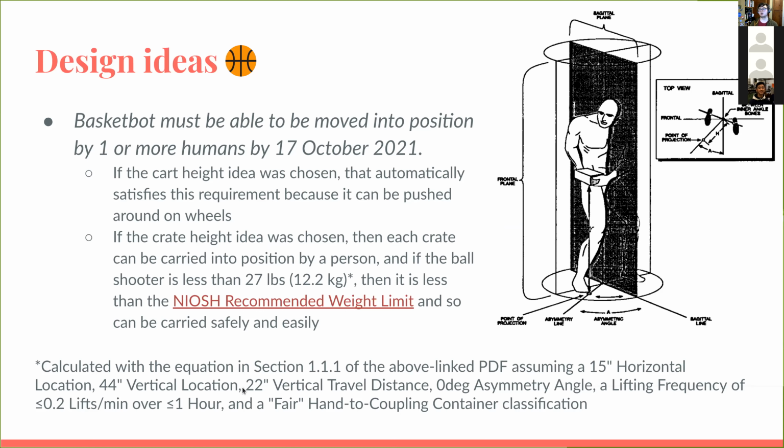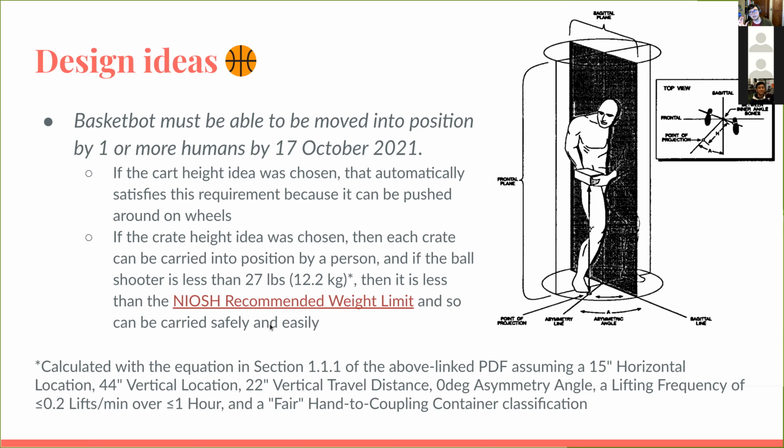Based on the geometry of the person lifting, like how tall you are, how long your arms are, as well as the weight of the object that you're lifting, how high you're lifting it, and some other factors, you can calculate how heavy the thing you can lift can be.